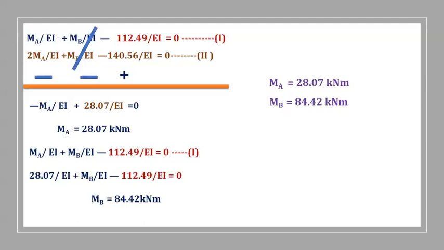In this case we will cancel EI. After getting MA, you will substitute in equation 1 or 2. I will substitute in equation 1. I will get MB 84.42. So now this MA, MB represents the fixed end moments.